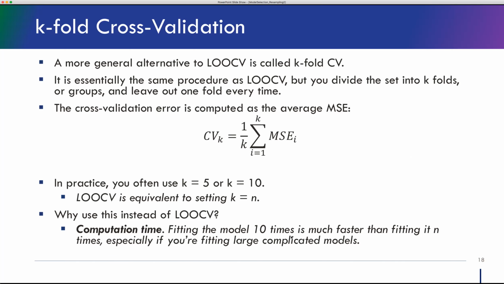Fitting the model 10 times is much faster than fitting it n times, especially if n is large and you are fitting large, complicated models. If every time fitting your model is slow and you have to repeat it n times, that takes time, right? So we normally use 10-fold cross-validation.